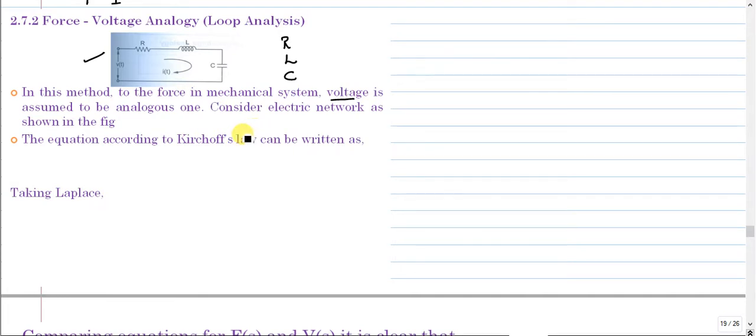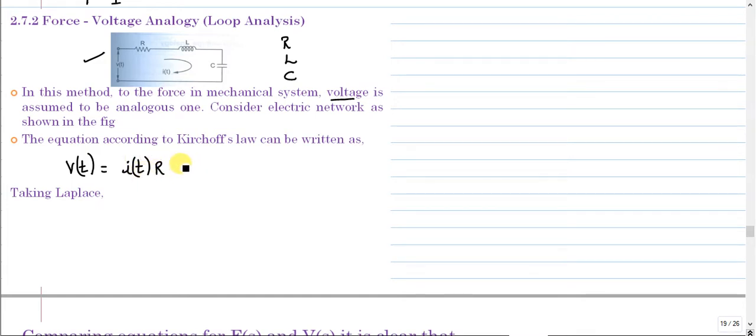So as per Kirchhoff's law, we can write the voltage V of t equal to, for the resistor, V is equal to IR, so I of t multiplied by R.